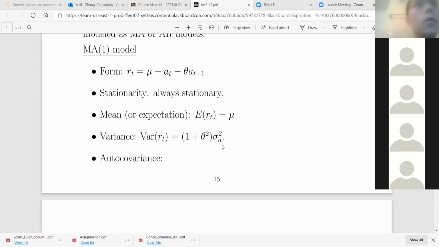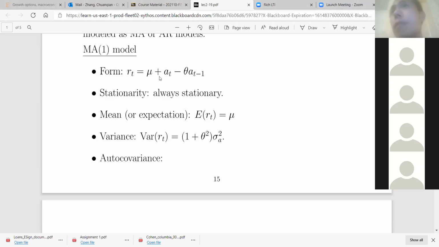If you're interested, you can derive a little bit how to get the variance of r_t. You can simply take the variance of these three items. But remember, mu is a constant, so you can drop it, because when we evaluate the variance, we don't need the constant.